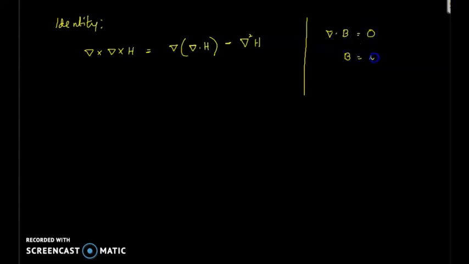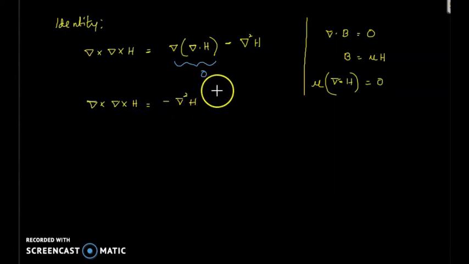The expression of B is mu H. Let us substitute this expression in the previous, so definitely this becomes 0. Hence, the previous expression can be rearranged as curl curl H is minus del square H. Let us take this as equation number 5.